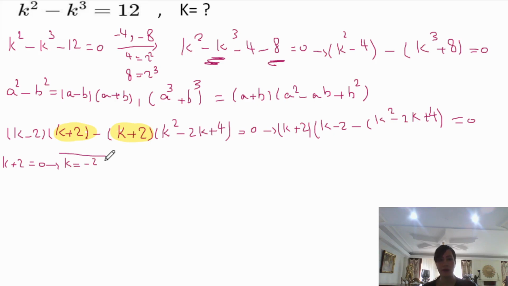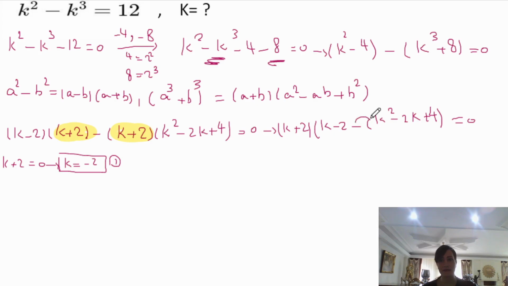It's one of my roots, because if I substitute negative 2 inside this expression, it makes this equation true. So it's one of the roots, and I will go for the second one.